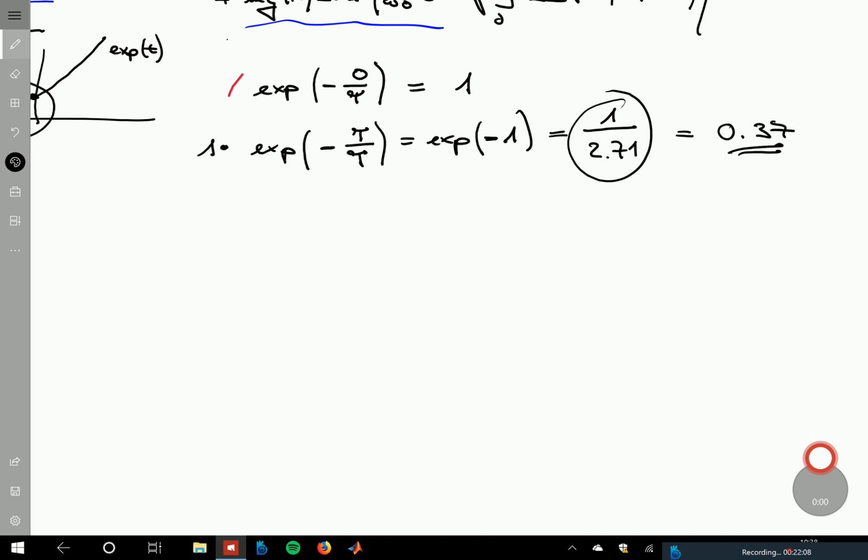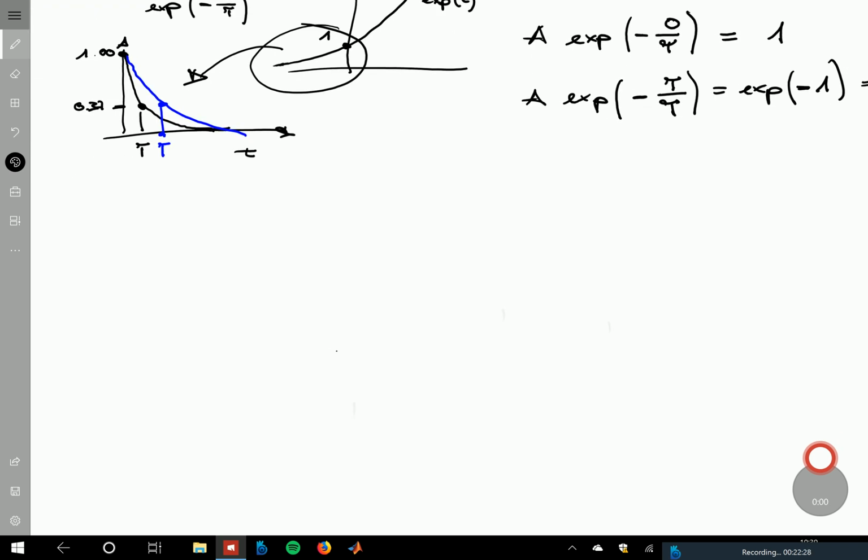But you can, of course, multiply the exponential function with some value, let's call that a, and then your initial value is not always only 1, but it can be 10, and then you go to 3.7 after 1 time constant and so on. Other questions?